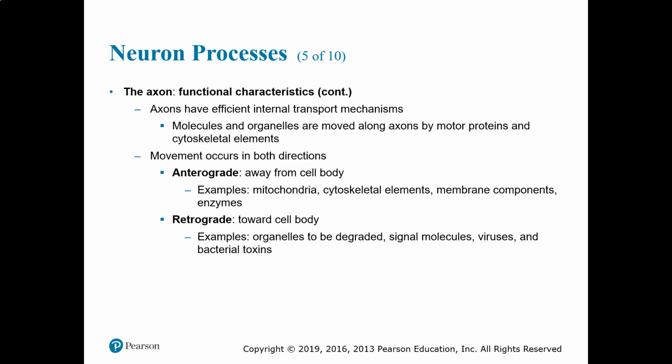Okay, movement in axons occurs in both directions, but we tend to teach about the movement that goes away from the cell body. So when we say anterograde, we're talking about away from the cell body.